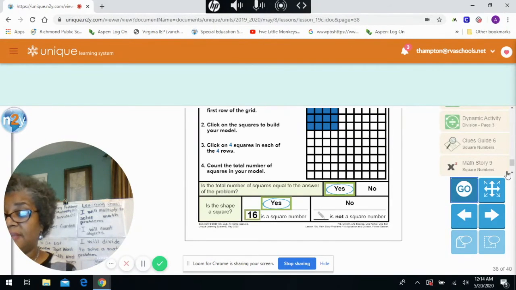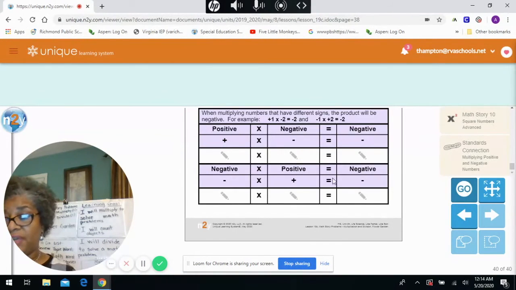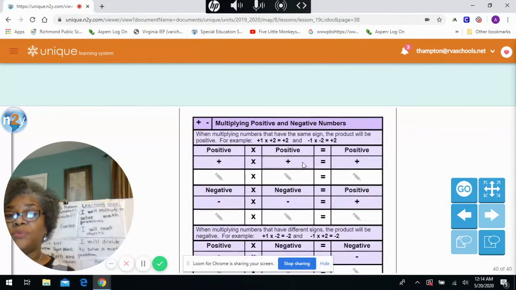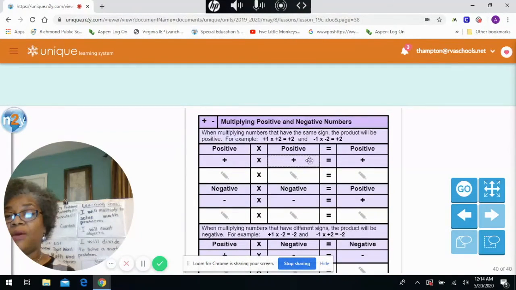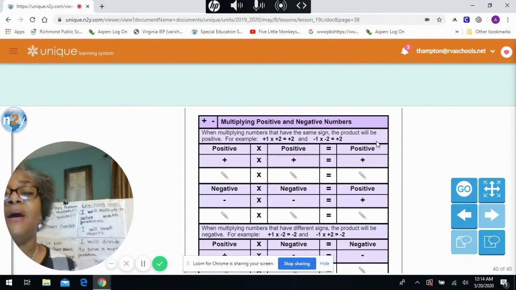Okay, let's go on. Let's do multiplying integers. We always have to do this when we're doing division and subtraction as well. This is multiplying positive and negative numbers.